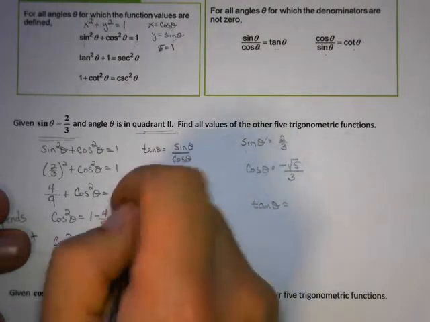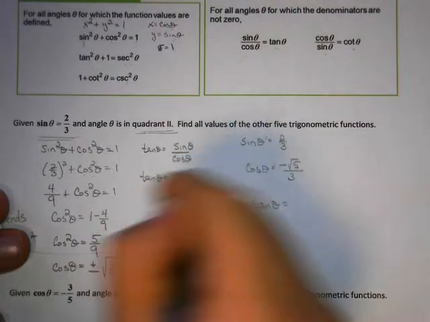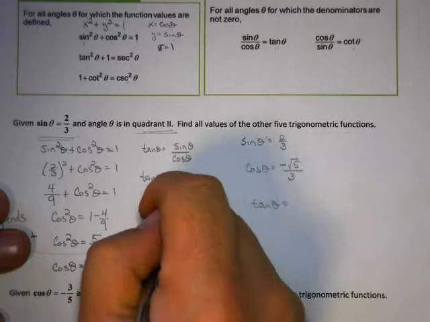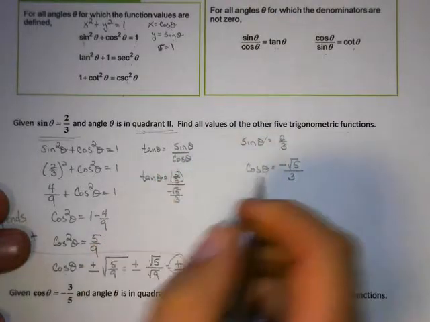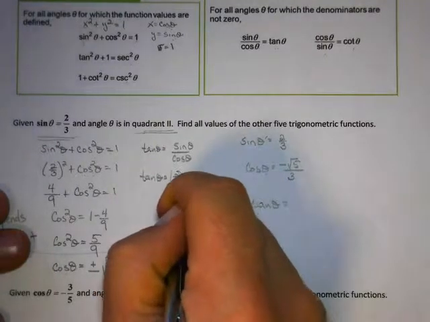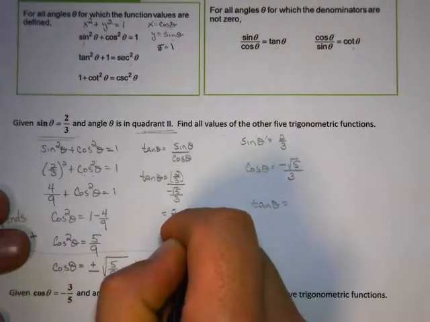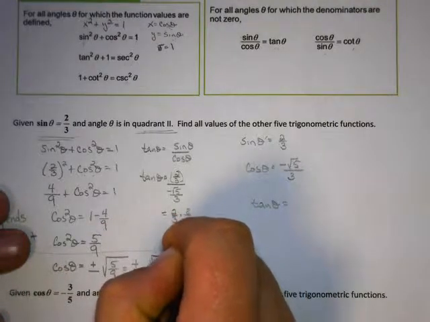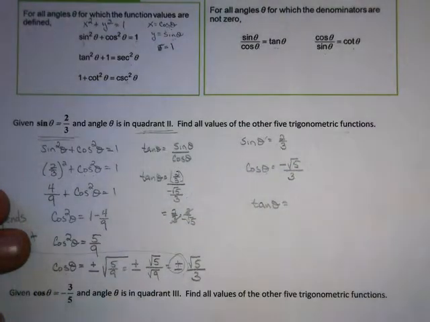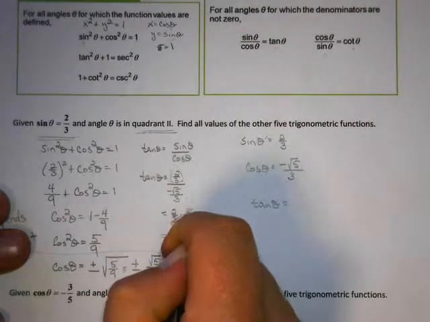Sine theta is 2/3 over cosine theta, negative square root of 5 over 3. When you divide by a fraction, you multiply by the reciprocal. So it's 2/3 times 3 over negative square root of 5. The 3's cancel, and this equals negative 2 over the square root of 5.